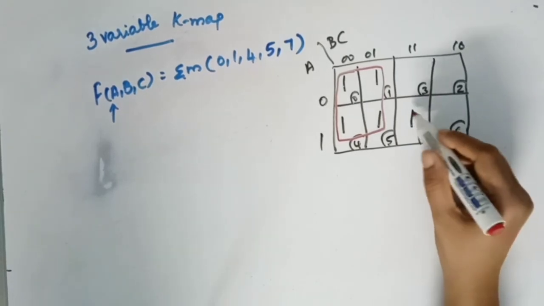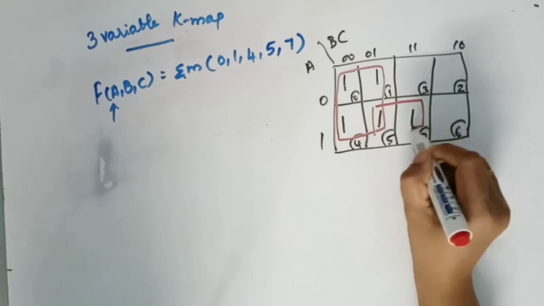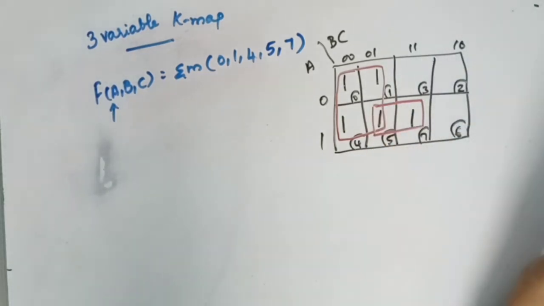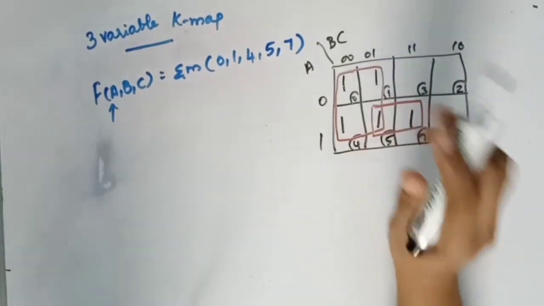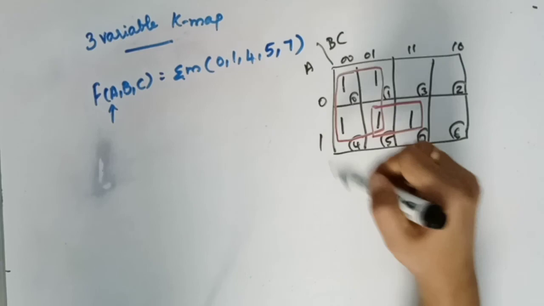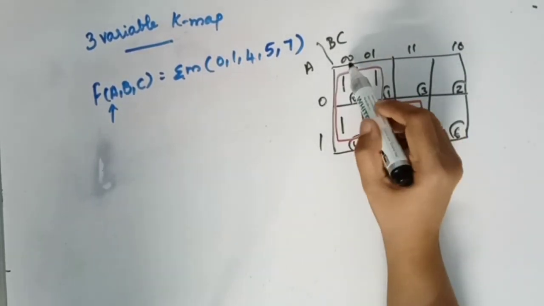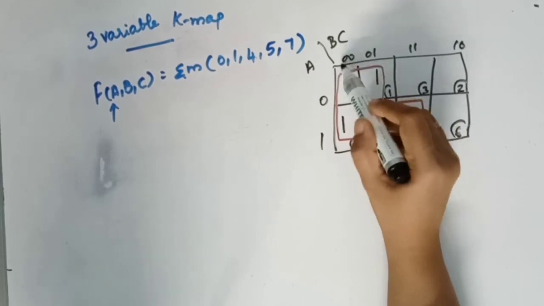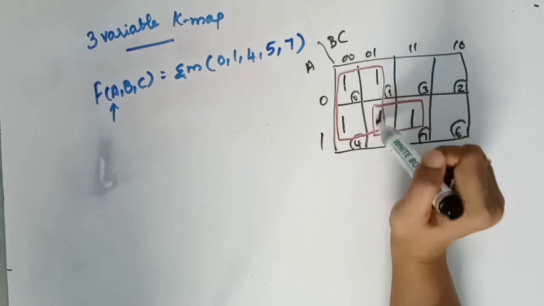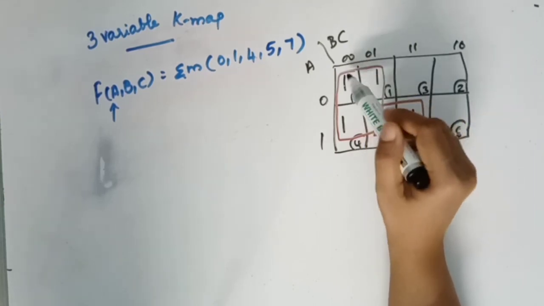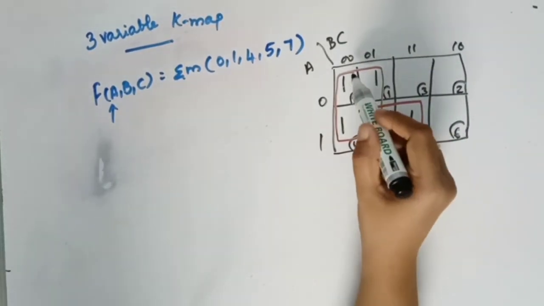And this one, instead of grouping it single, you can group it as a group of 2 and then write. So these 4 ones together, what is common for all the 4 ones? A is different for all the 4 ones and B is same for all the 4 ones. B is 0 for these 2 and B is 0 for these 2. C is different for this and this. Okay. So only B is same.